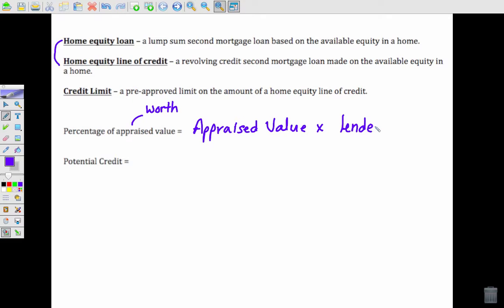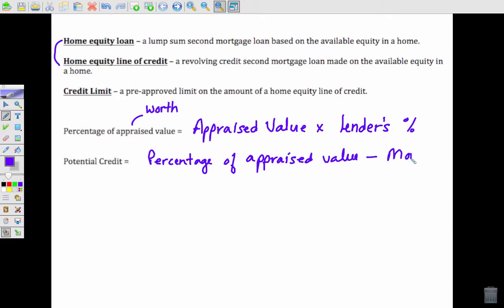That's already set in stone, the lender's percent. Your potential credit is going to be the percentage of appraised value minus your mortgage balance.